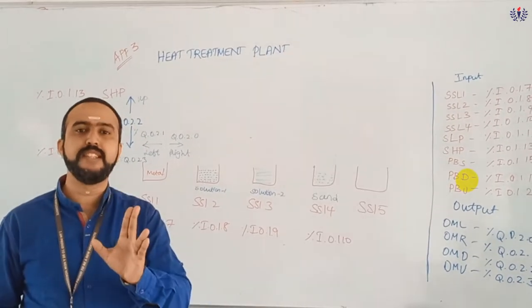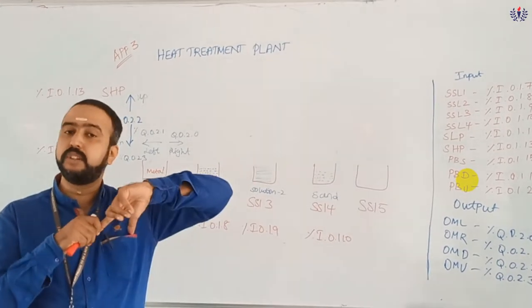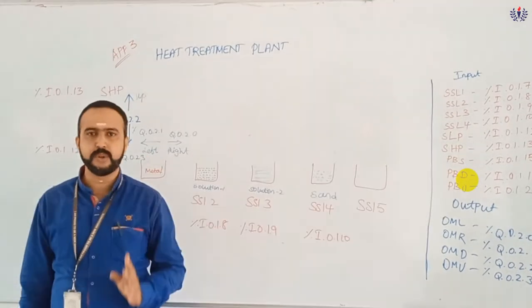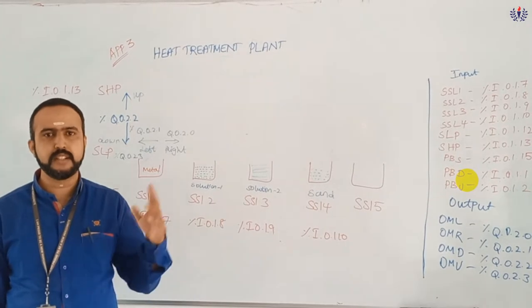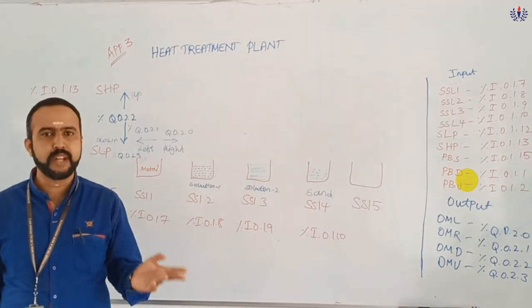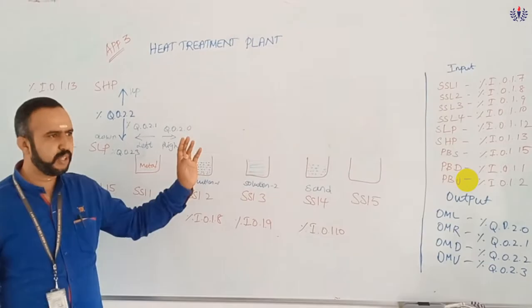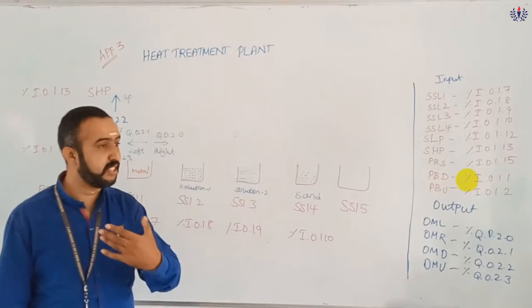You might have studied the PLC scan: the input scan, program scan and output scan give the total response time. That response time has to be reduced for an automation process. So I am going to reduce the steps so that memory will be saved and, in turn, the processing time will be accurate and fast. That is why I am doing this application. I am going to give a small demonstration of this application.